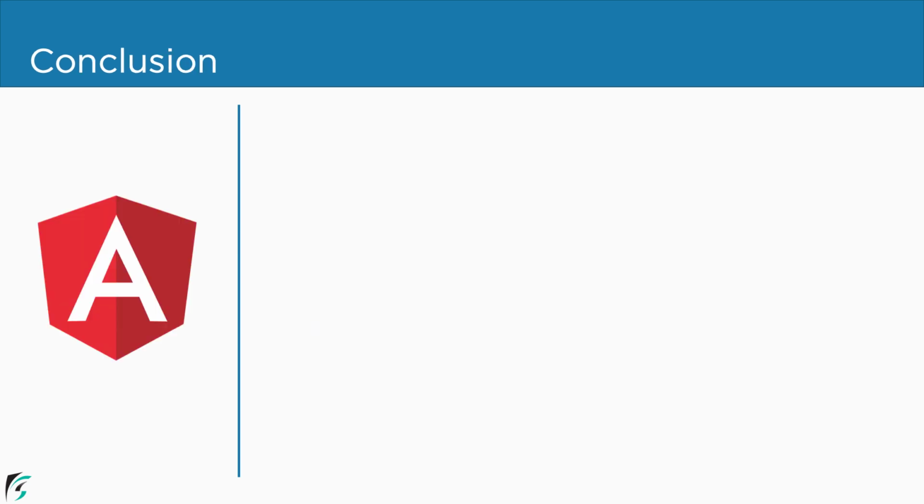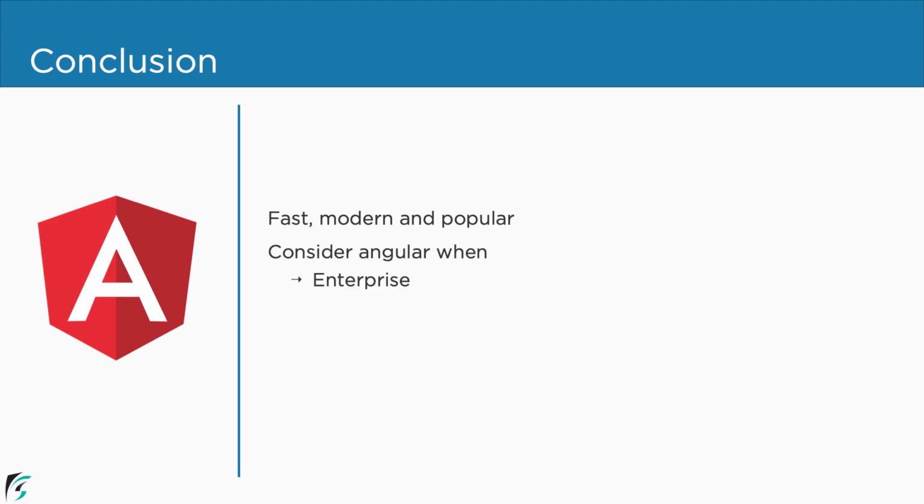Since the release of Angular, it has proven to be a strong framework and a good option for most web applications. It is fast, modern, and popular. Now, since we have come to the conclusion of this guide, I would like to give you a set of conditions under which you should consider using Angular. If you have an enterprise type company, you can go for Angular.